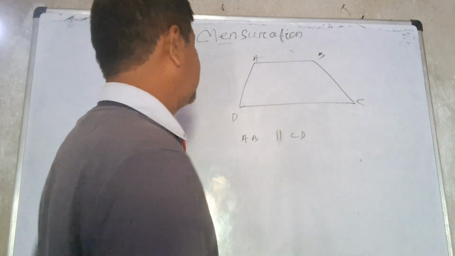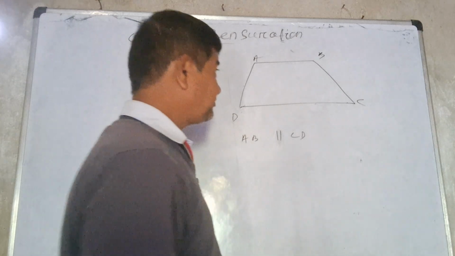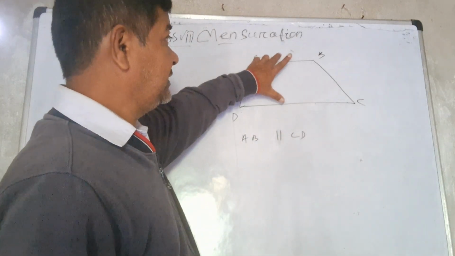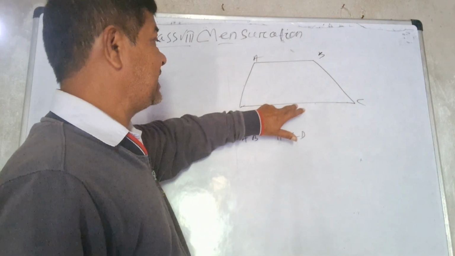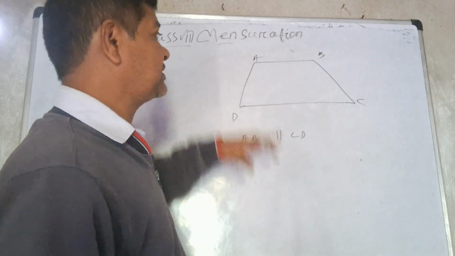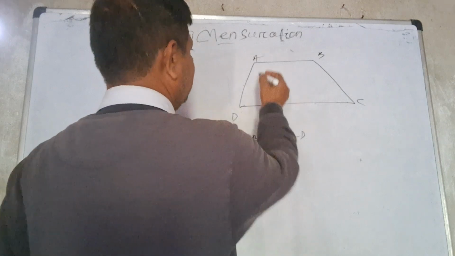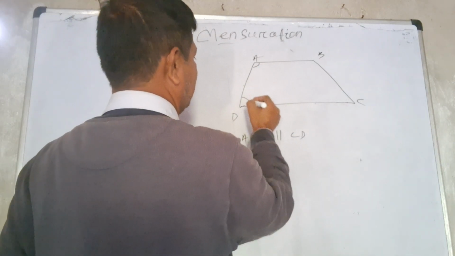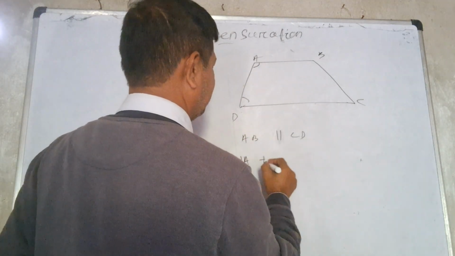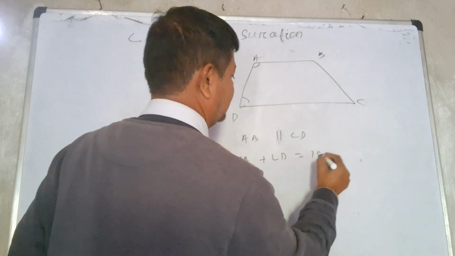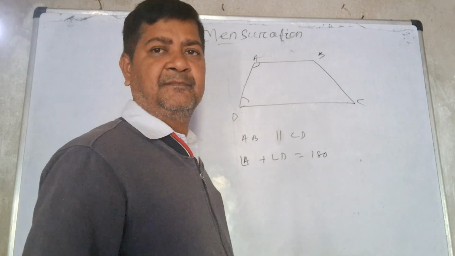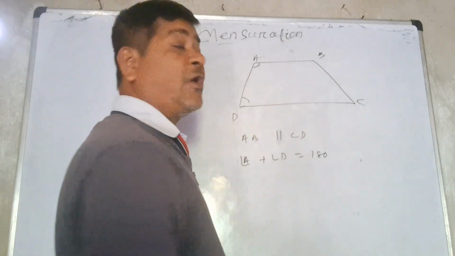Since AB is parallel to CD and AD is a transversal, angle A plus angle D will be 180 because they are co-interior angles.